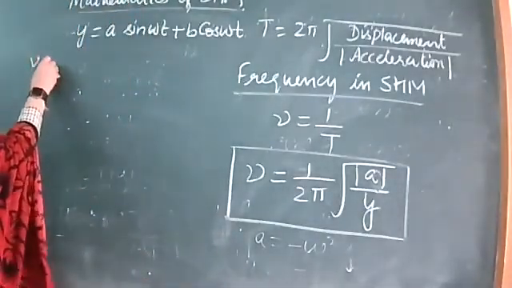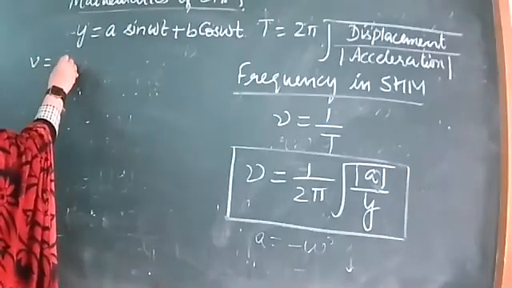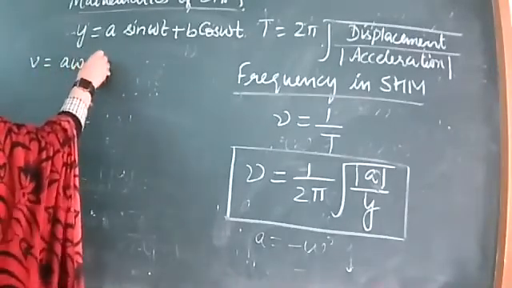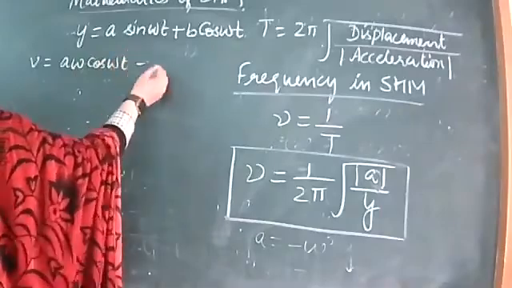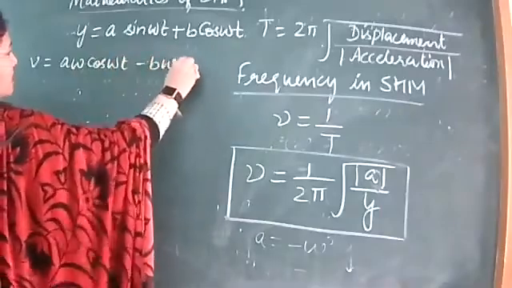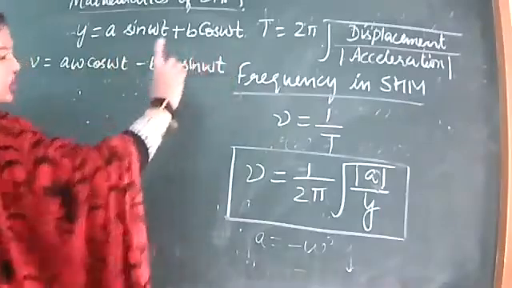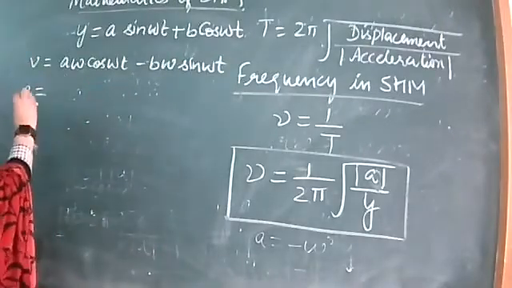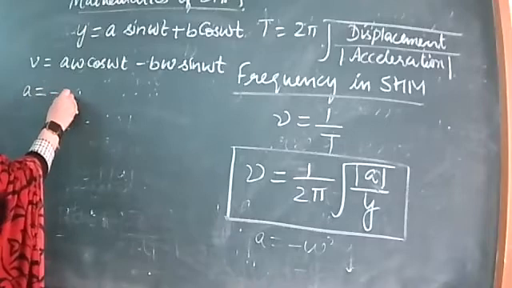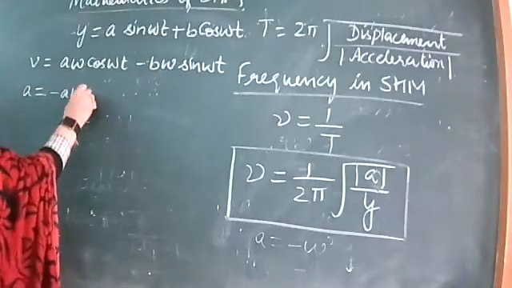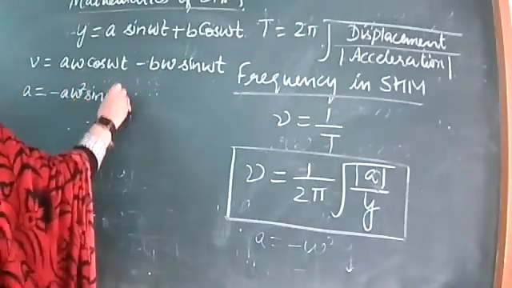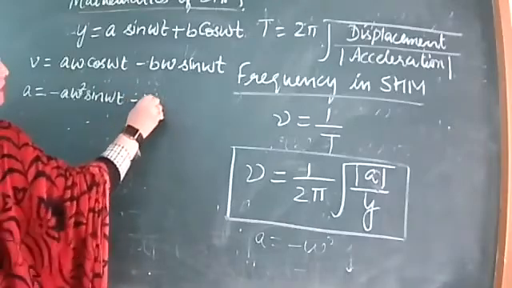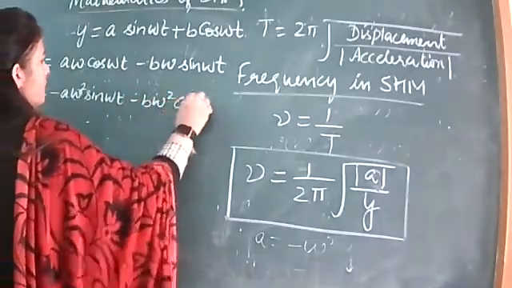So velocity is dy by dt, that is a omega cos omega t minus b omega sin omega t after differentiating once. Then acceleration is dv by dt, differentiated once more: minus a omega square sin omega t minus b omega square cos omega t.